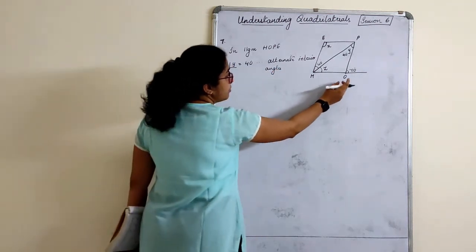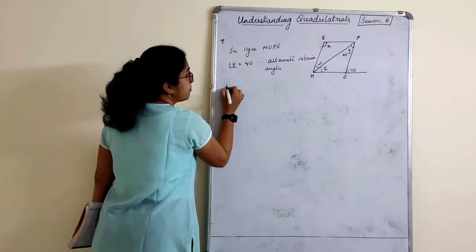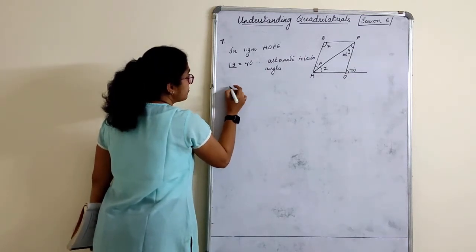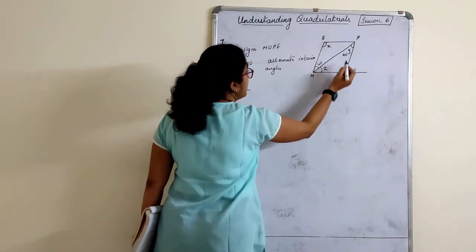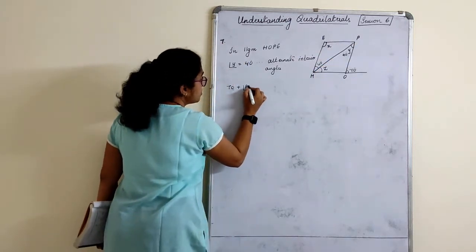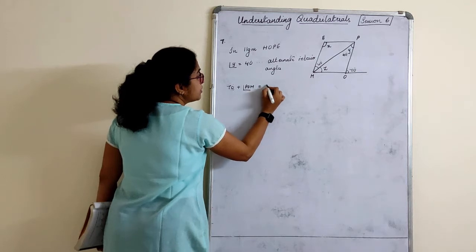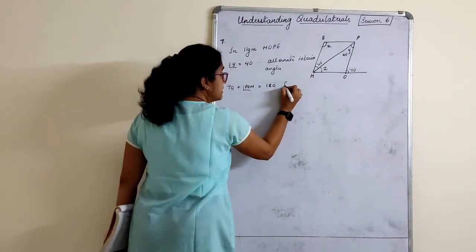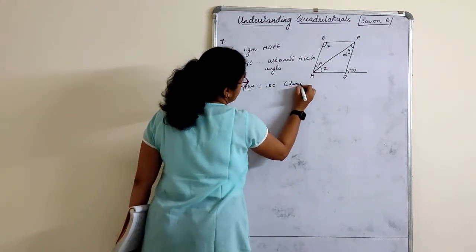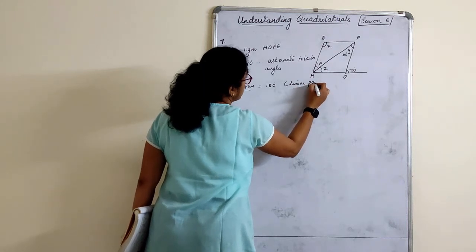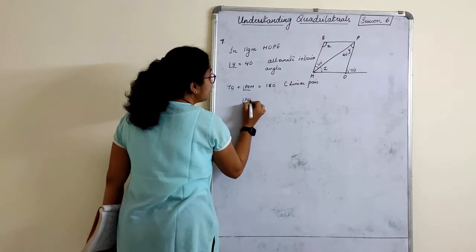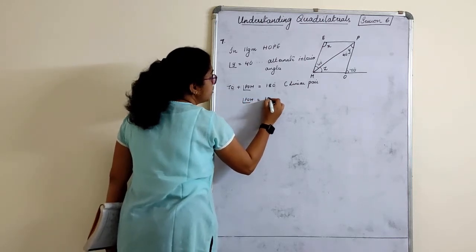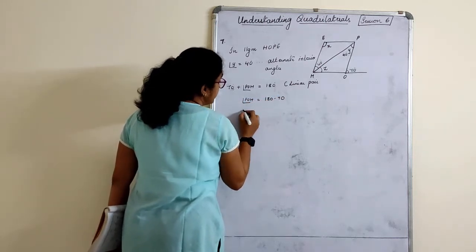Now next what we will do here is angle 70 degree plus angle POH is equal to 180. Reason? Linear pair. So angle POH is equal to 180 minus 70.